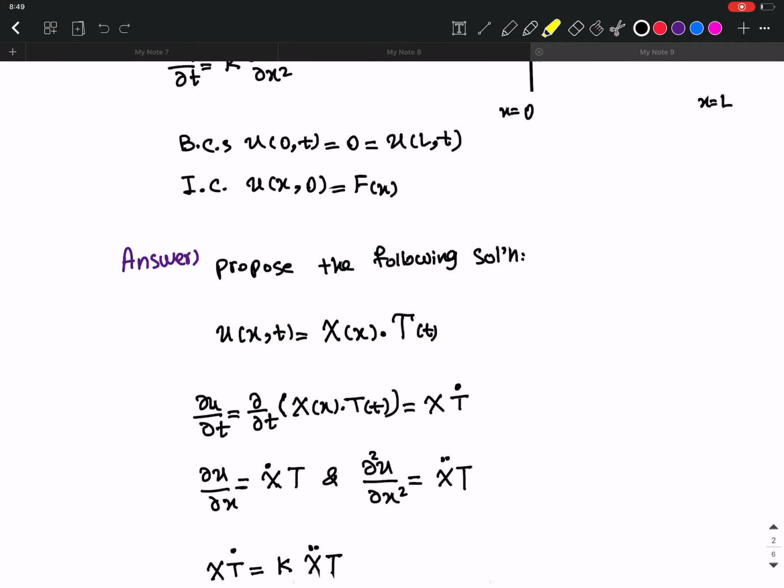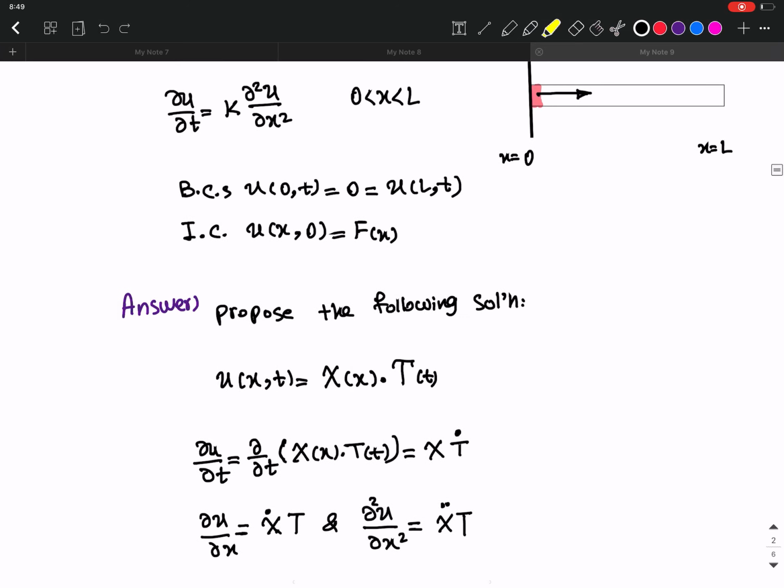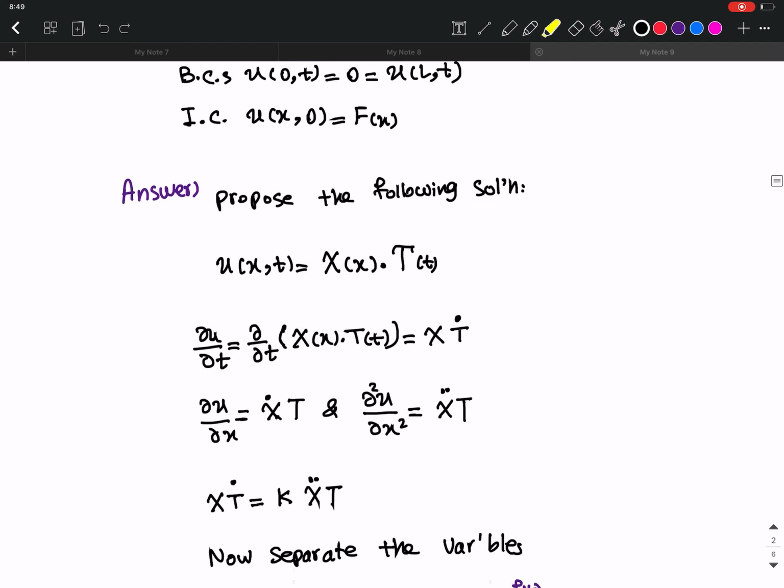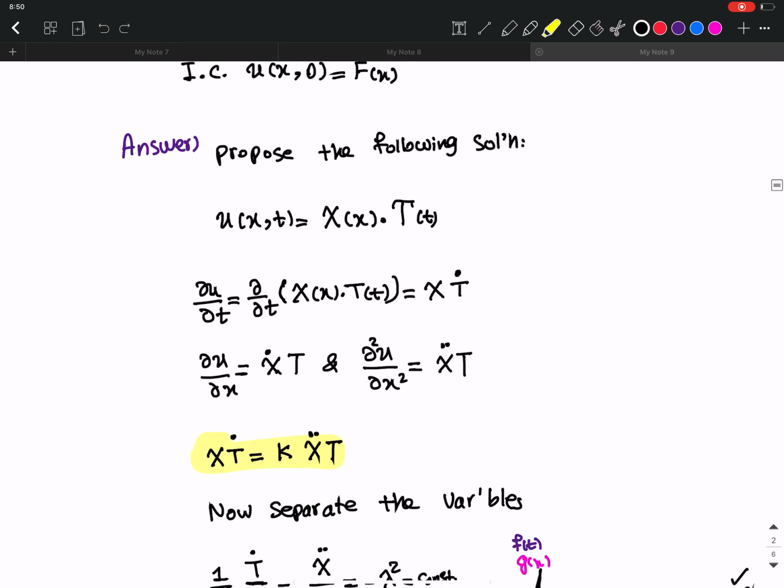So we proposed this solution, and then we substituted that back into the equation that we have, and we get this equation here.